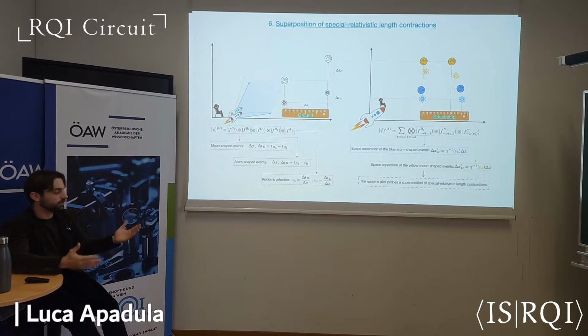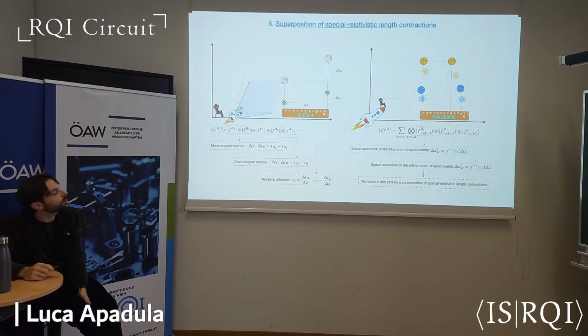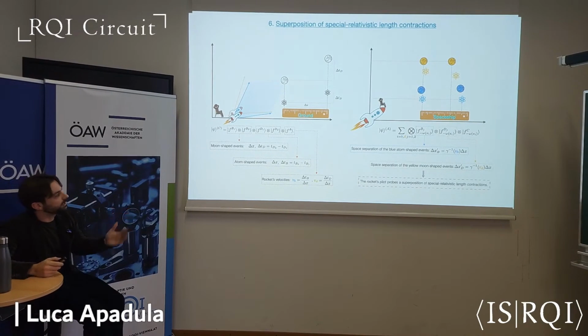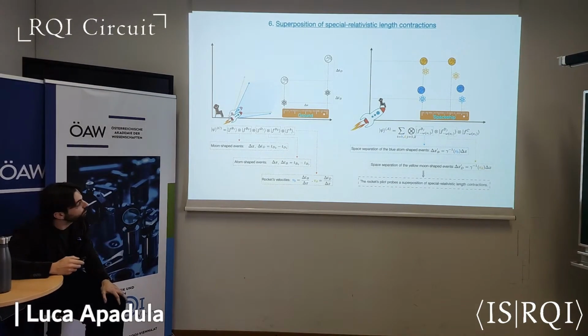So also in this case we can infer that the rocket's pilot probes a superposition of spatial relativistic length contractions. This is basically all the extended phenomenology that we probed in this extended framework.